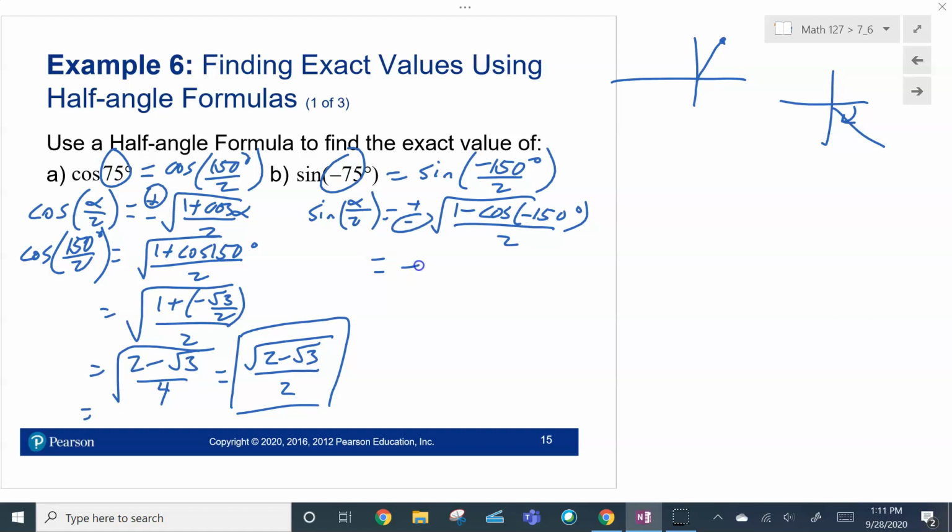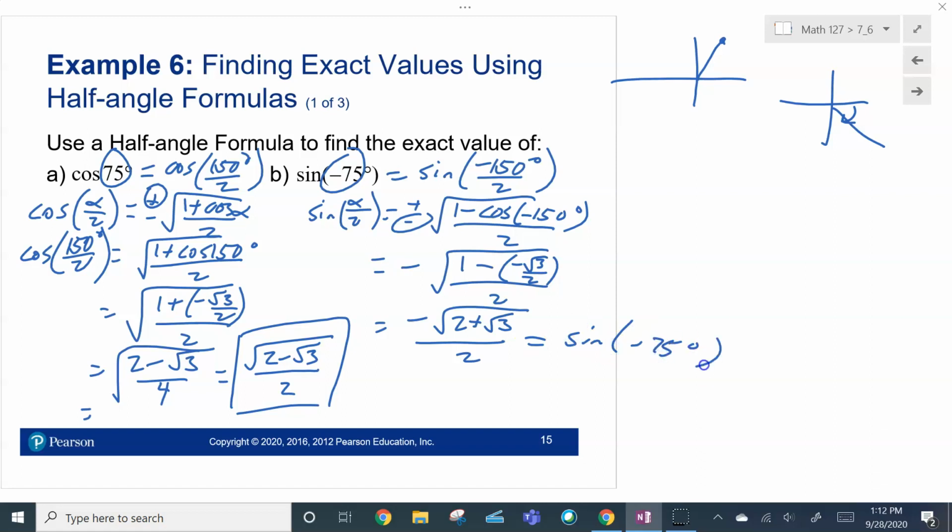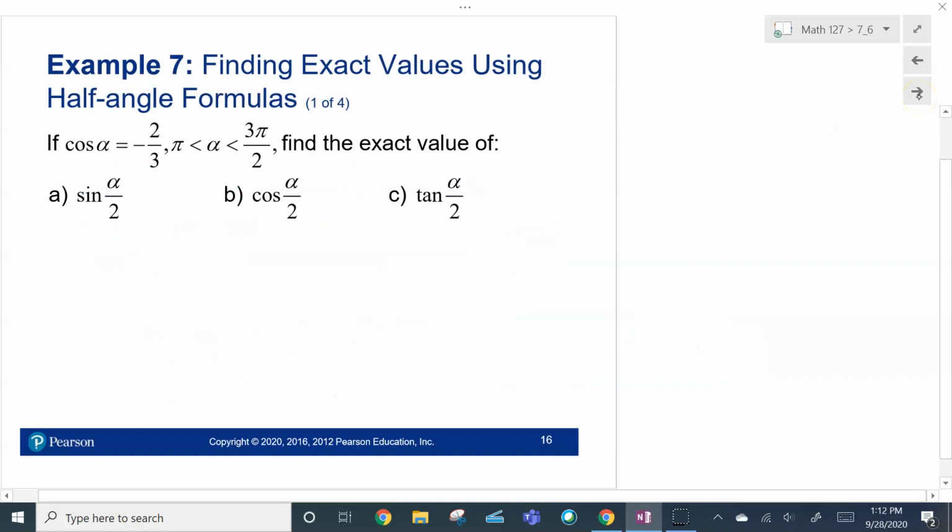That's why I picked the negative. So negative stays there. And then cosine of negative 150 is negative root 3 over 2. So we get negative root 2 plus root 3, all over root 4, which is just 2. And there's our sine of negative 75 degrees, in exact form.